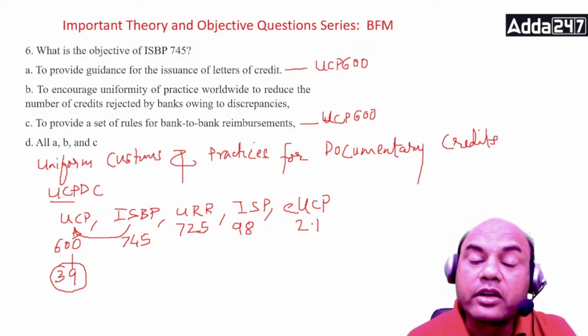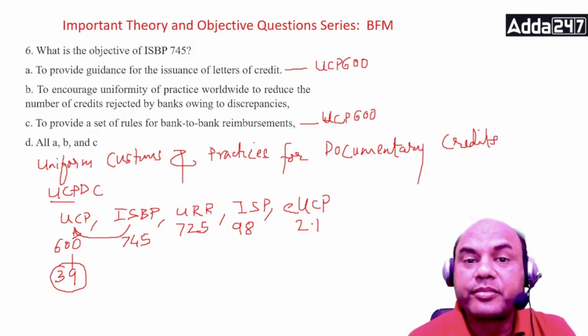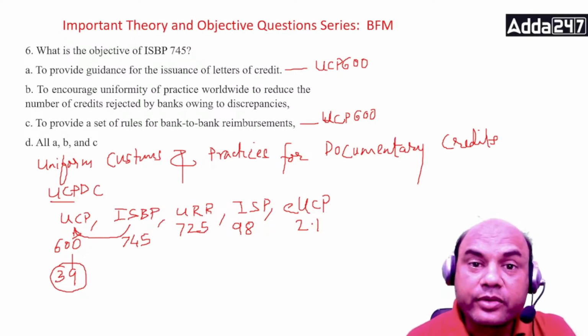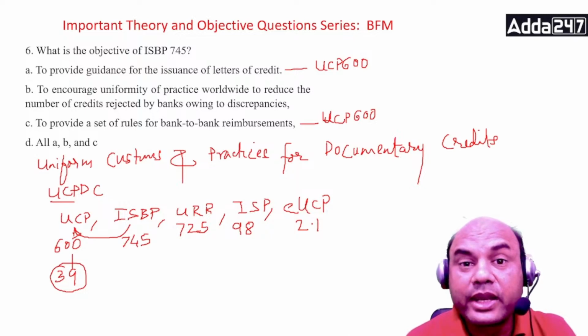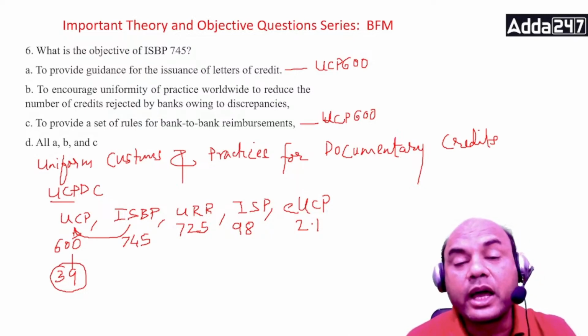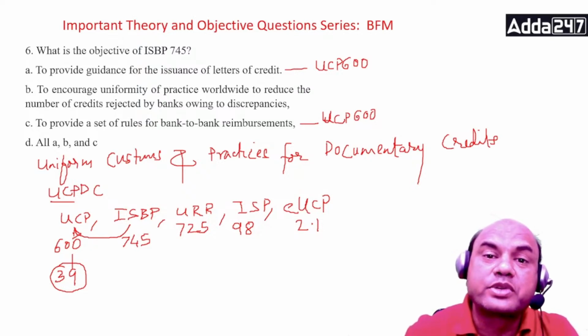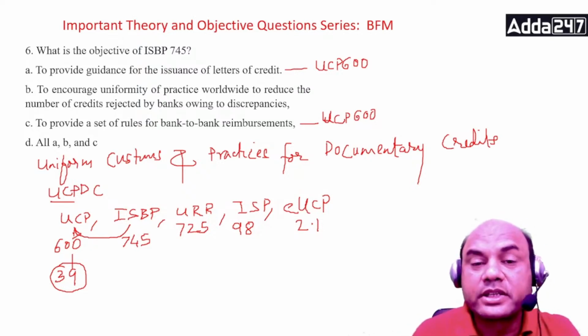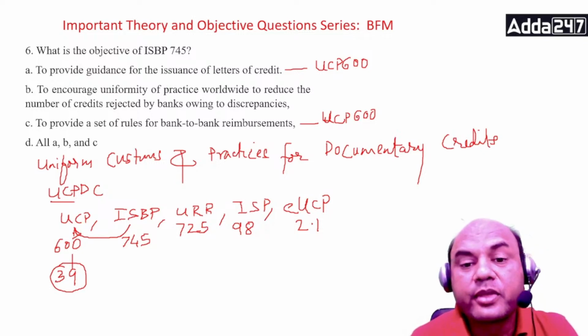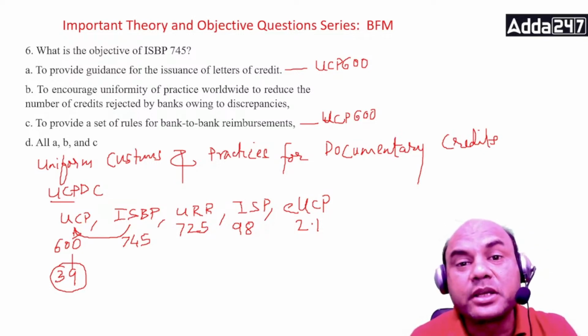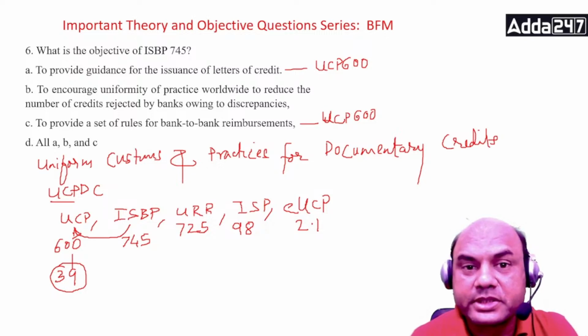What are the various certificates required in international trade? There are various health certificates, phytosanitary certificates, and lab certificates. The clarity about the guidelines for issuing these certificates is given in ISBP. So ISBP is actually a supporting document for UCP 600.